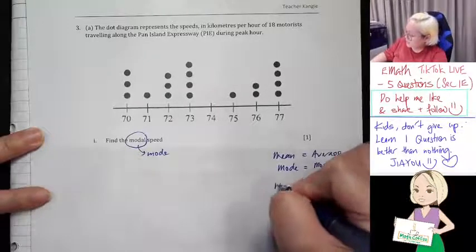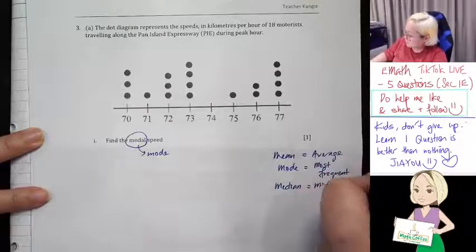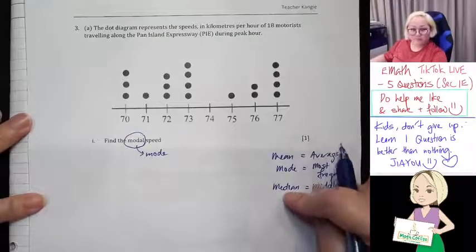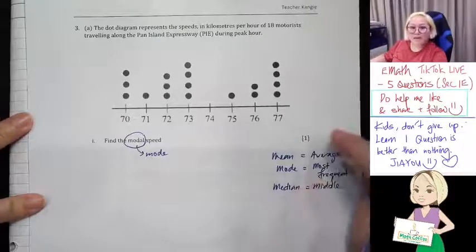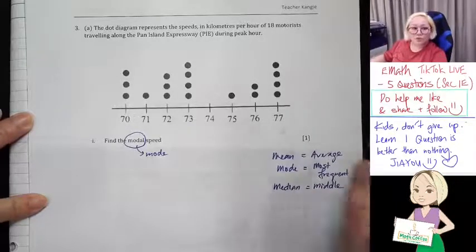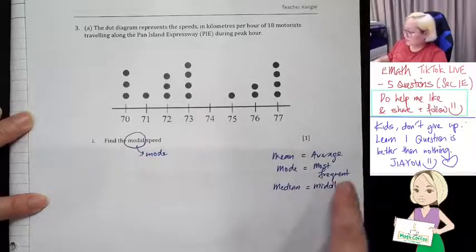The next one is median. I will always link it to middle. This is MMM. Mean, average; mode, most frequent; median is the middle. So modal simply means the mode, and mode means most frequent.